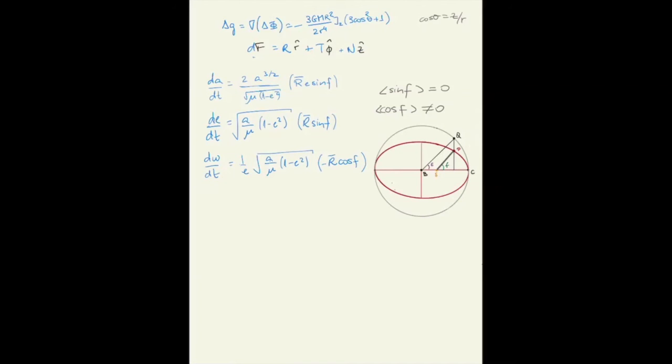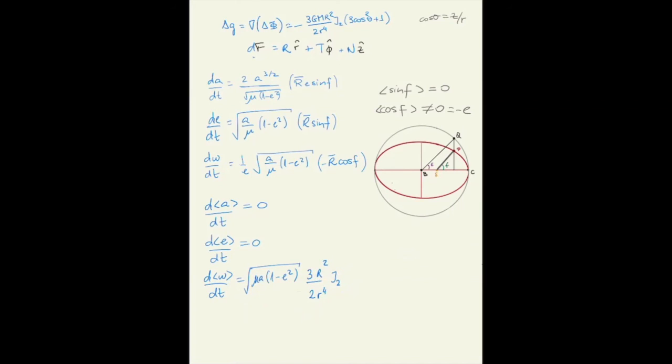But if we know that the average of the sine of the true anomaly is equal to 0, then we can average the equations for semi-major axis and eccentricity. They average out to 0. Turns out that the average of cosine f is equal to minus the eccentricity. So in the orbital plane, you end up with this expression for the evolution of the argument of pericenter.